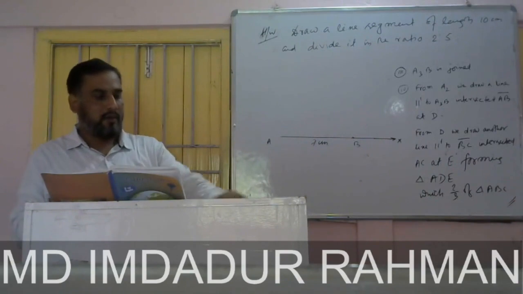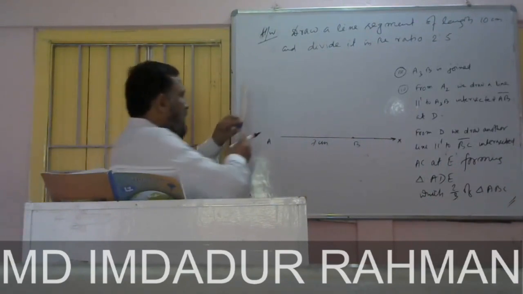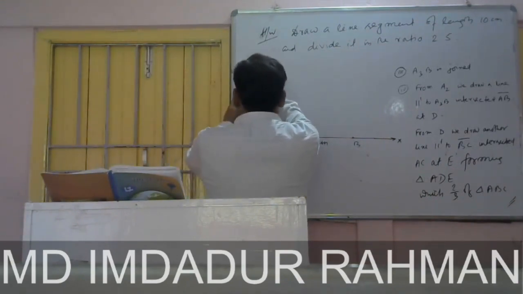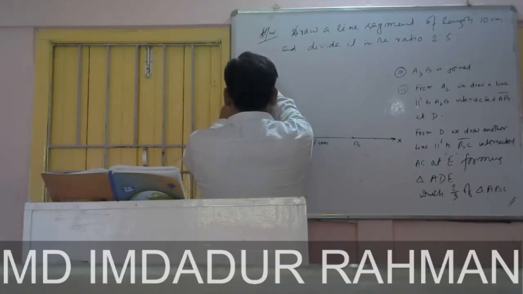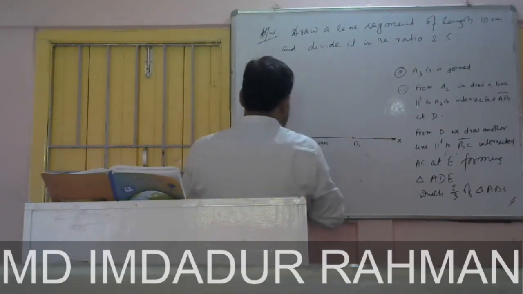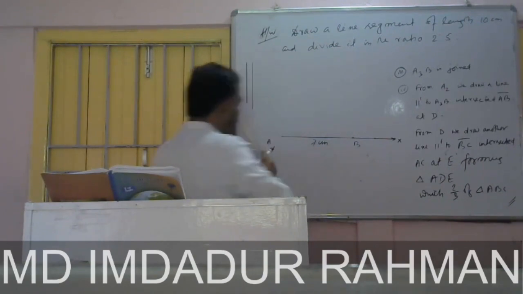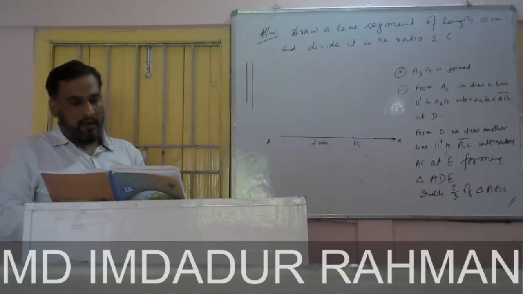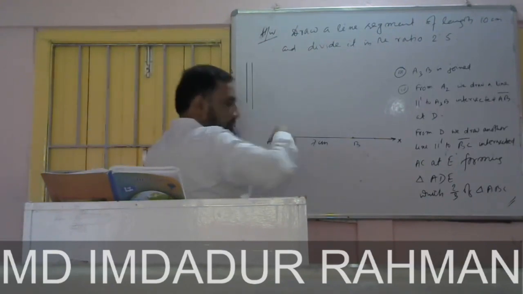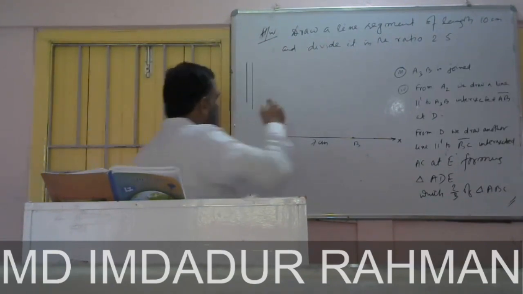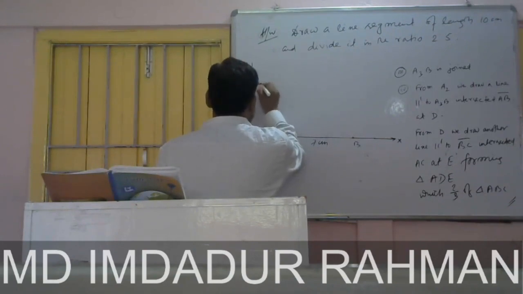Now more two sides are there, 6 cm and 5 cm. So they are copying. This is 6 cm. This is 5 cm.